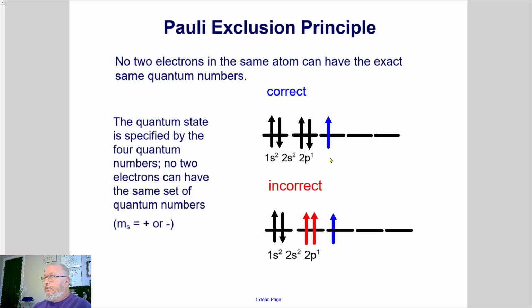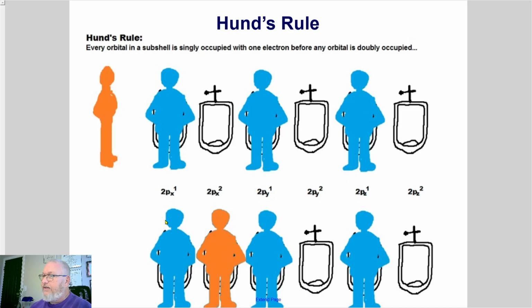They have the 1s orbital filled up and down, the 2s orbital filled, and one p orbital filled. That's great. We wouldn't write it like this, though. In that 2s orbital, they both have the same spin. That's wrong. Don't do that. I like this one. This is good.